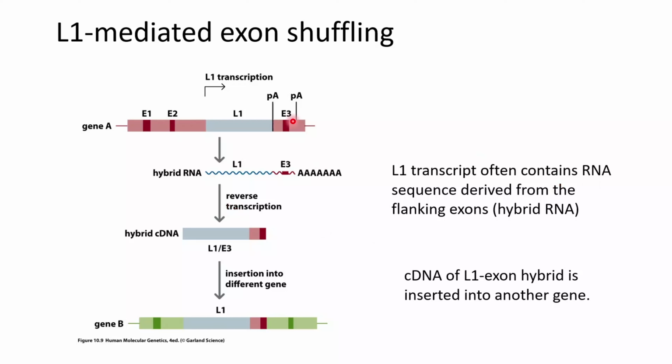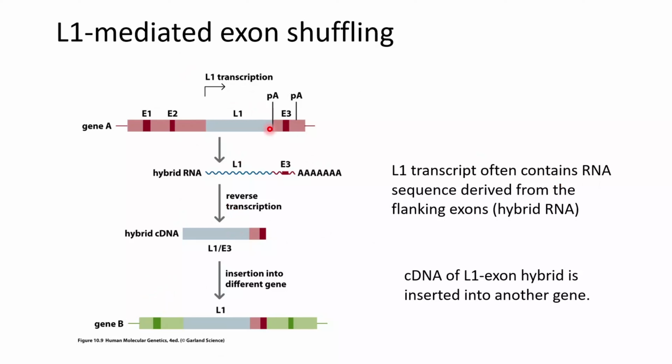Okay? Another important thing that the transposons led to is the shuffling of exons. So we've talked about proteins as modular in terms of domains that they have. And you'll see that a lot of proteins, they have combinations of different domains.